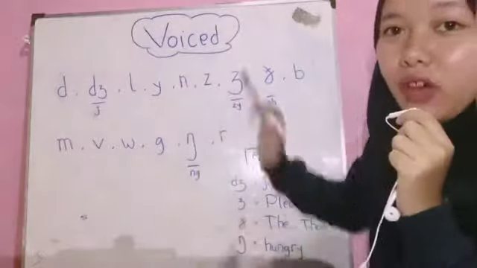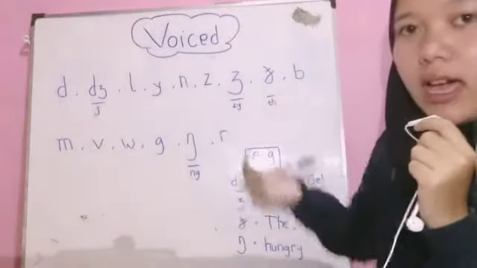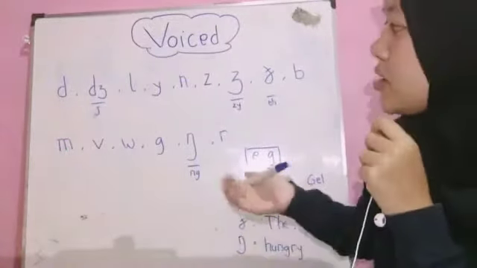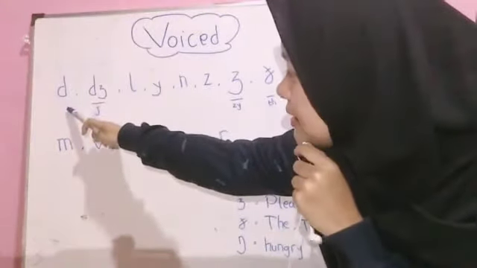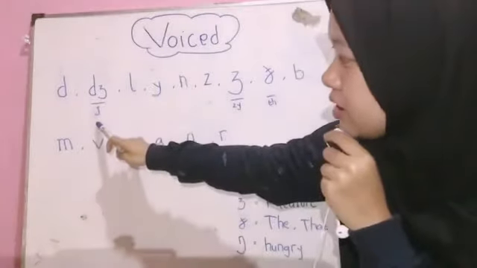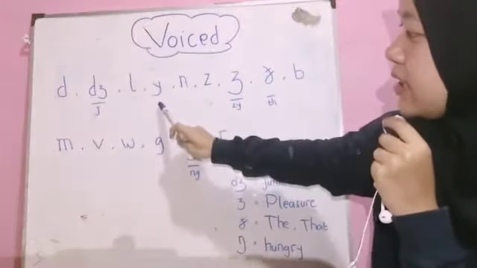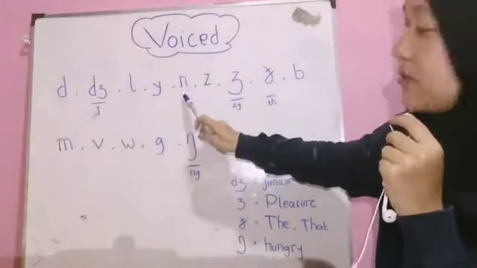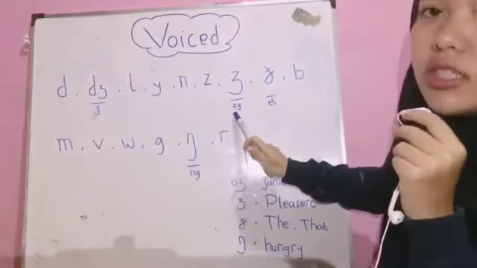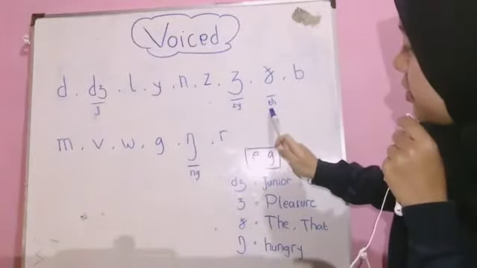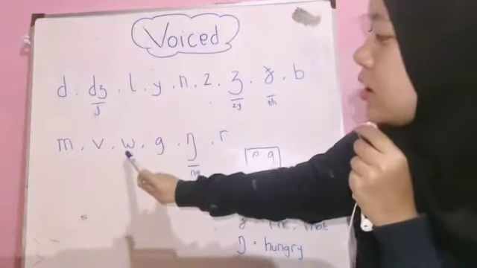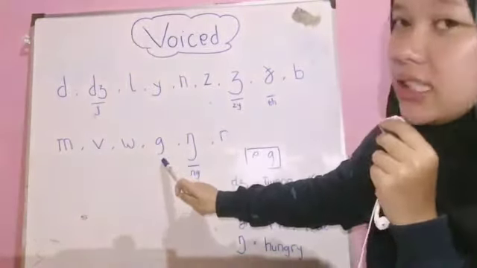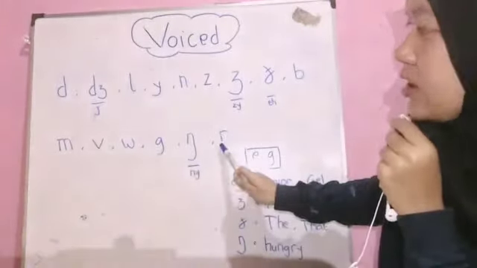In the voiced category, there are some symbols. First, d, j, l, y, n, z, th, p, m, v, w, g, ng, r.